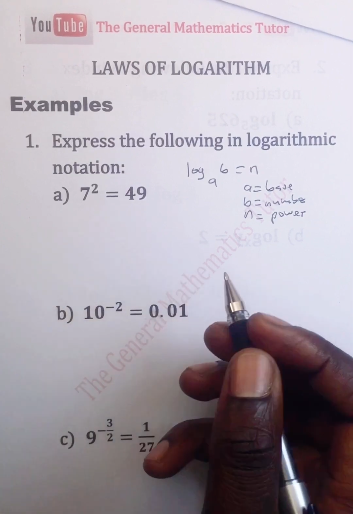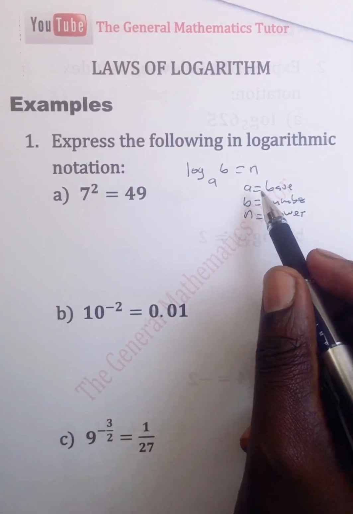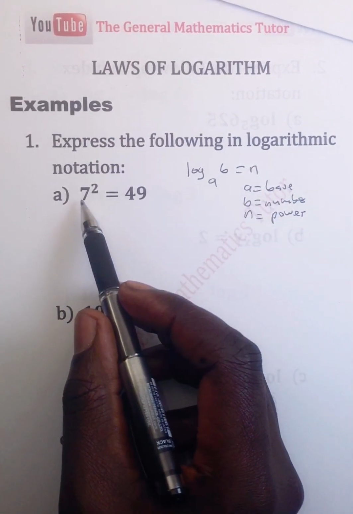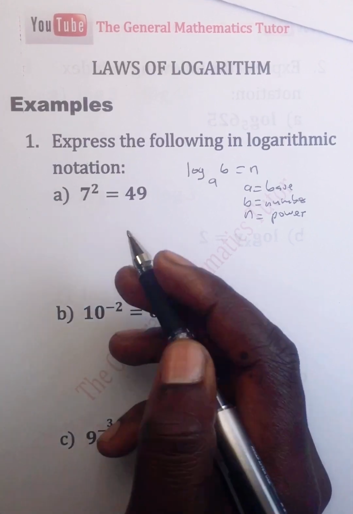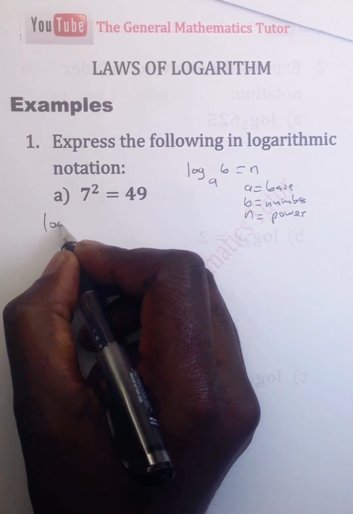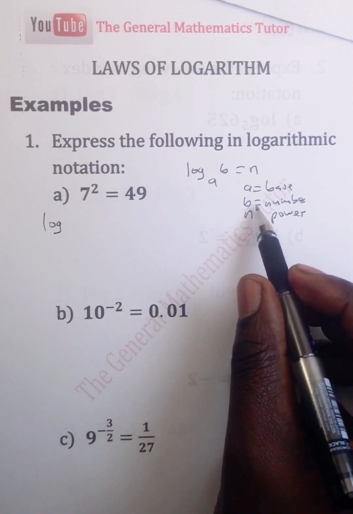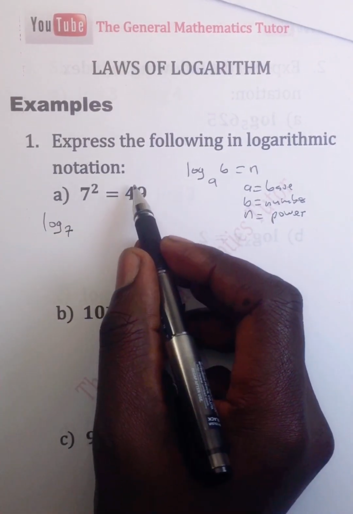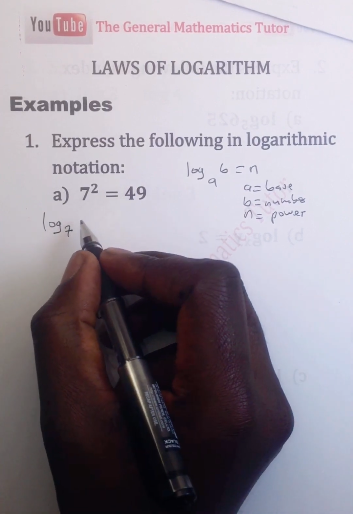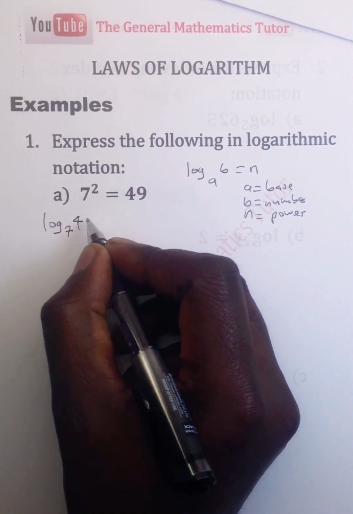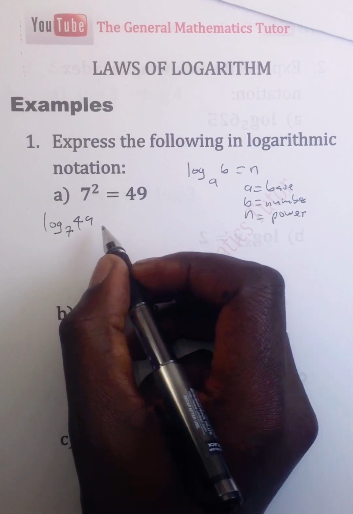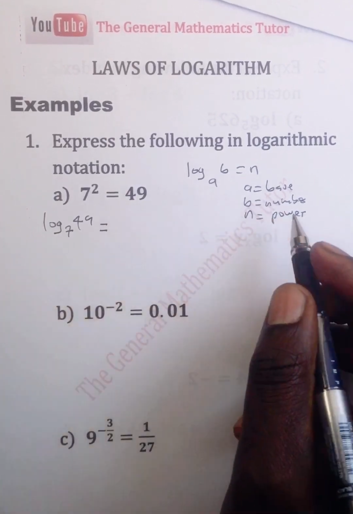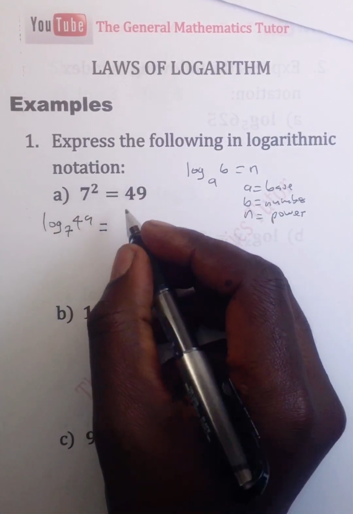So in this case, we'll just take a as the base because this is what is raised to that particular power. So we'll have the log to the base, and in our case the base is 7 and the number is this. So that is 49, and that should be equal to the power, which in this case is 2.